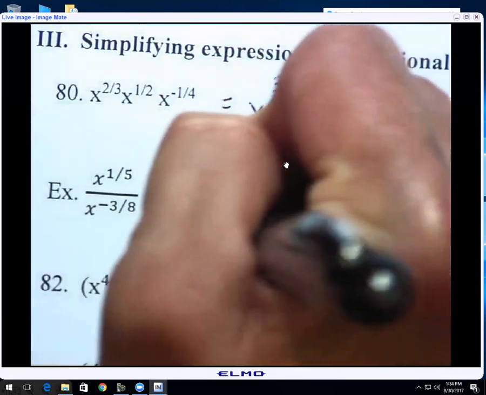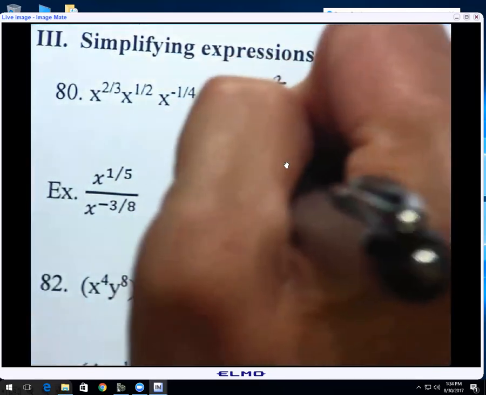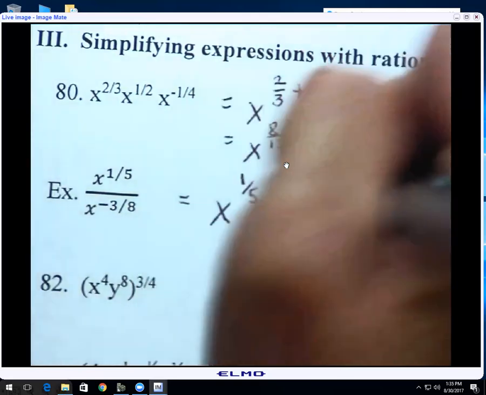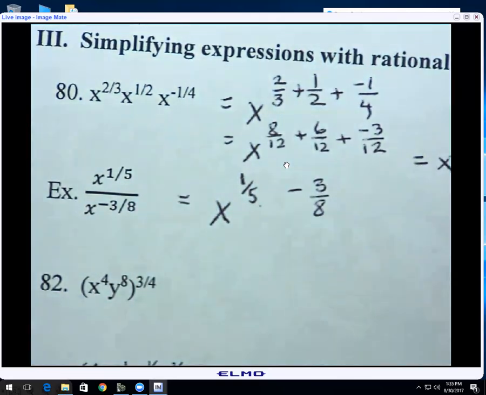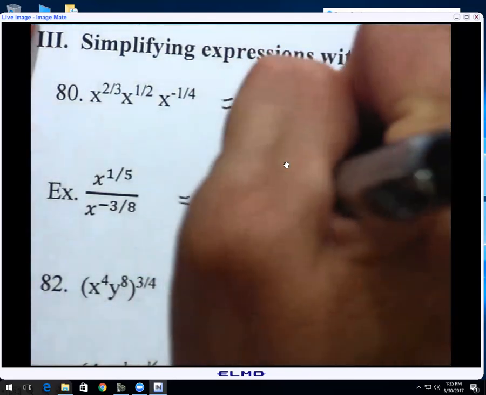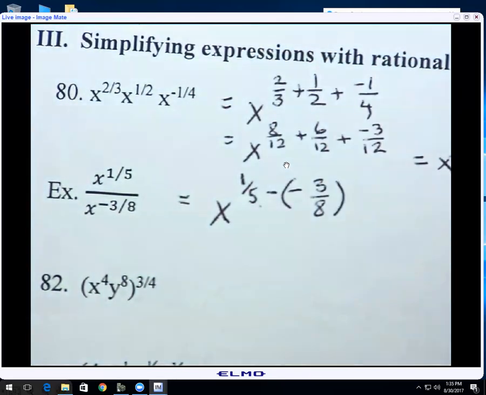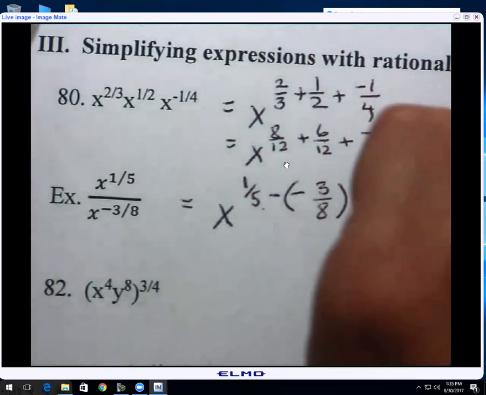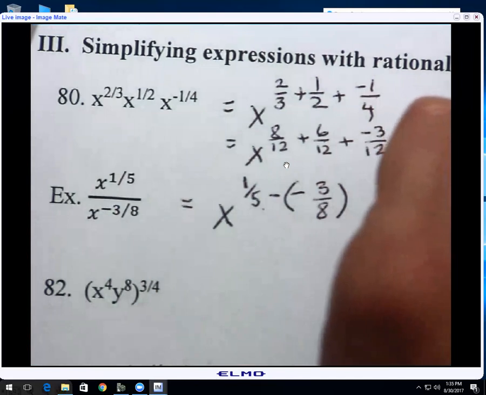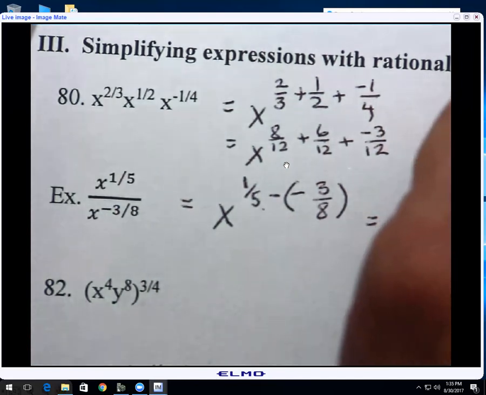You said subtract the bottom exponent from the top exponent, so I'm writing 1/5 minus 3/8. What's wrong with that? It's not minus 3/8, it's minus negative 3/8. So I either need to write it that way, or I need to go ahead and say that's 1/5 plus 3/8.